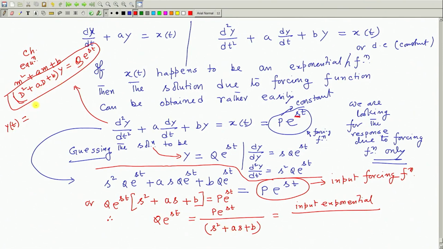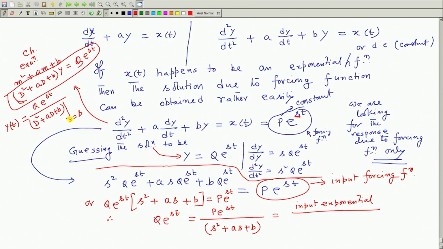From this equation, y is q e to the power s t divided by D square plus a D plus b, as if some algebraic thing. It is not correct to write the operator in this way and it is difficult to manipulate, but the result is this: the characteristic equation coefficients come, and D is equal to s.